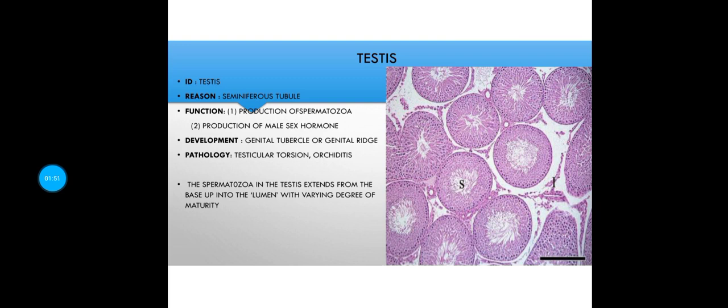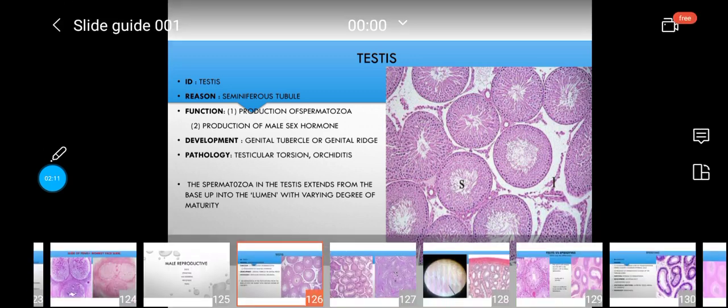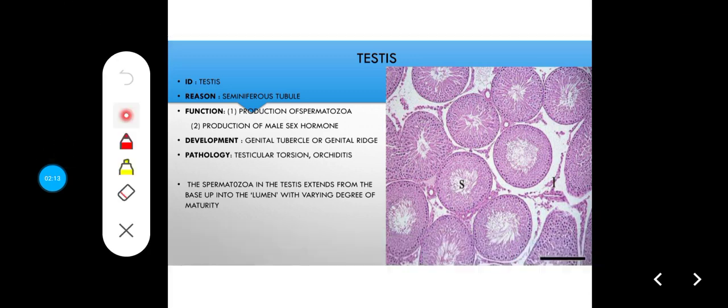The pathology includes testicular torsion and orchitis. The spermatozoa in the testis extend from the base up into the lumen with varying degrees of maturity. This last note is one of the most important keys to identifying what the testis looks like.